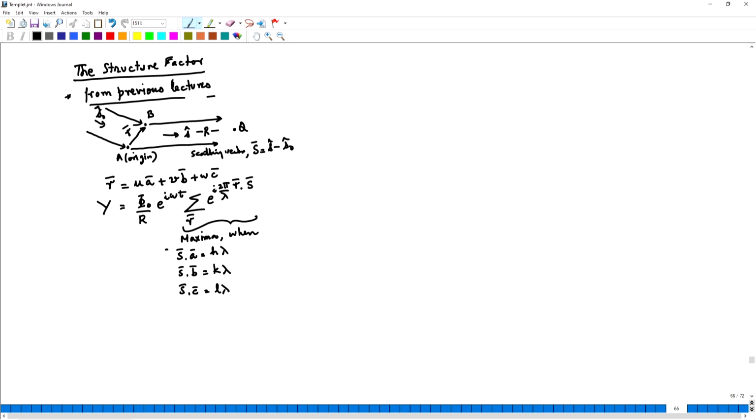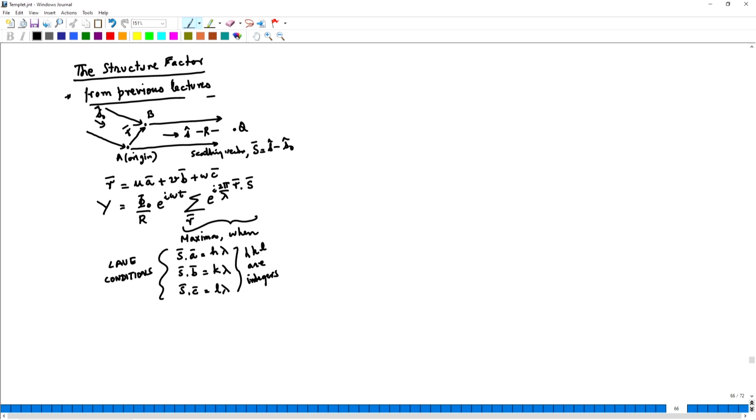So, these are my Laue conditions, and H, K and L are integers. And we also saw that this H, K and L can be considered to be a plane H, K, L in crystal space, which is perpendicular to the scattering vector S.